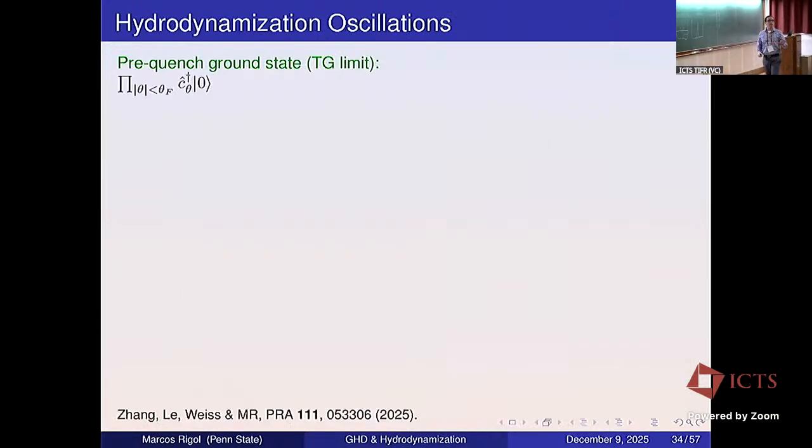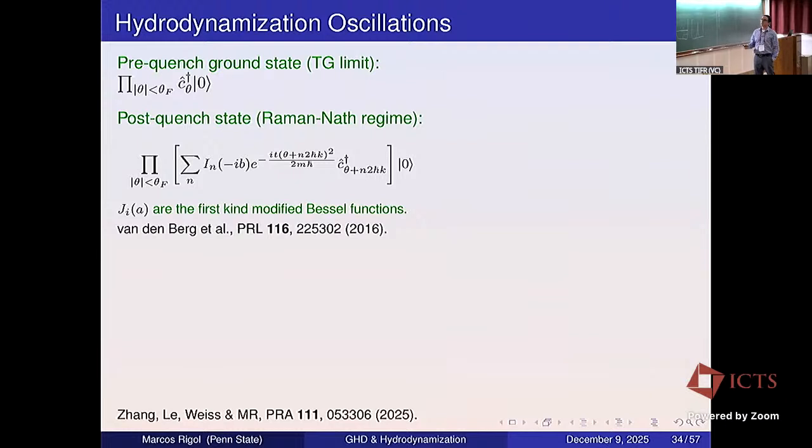To understand this, I'm going to step back and simplify the system completely. I'm going to remove the trap. I'm going to remove the quench. We are going to have a homogeneous system, and we are going to apply a Bragg pulse within this Raman-Nath regime.